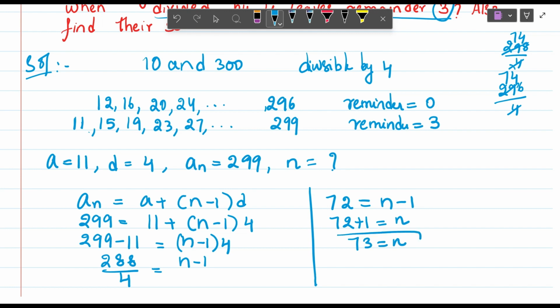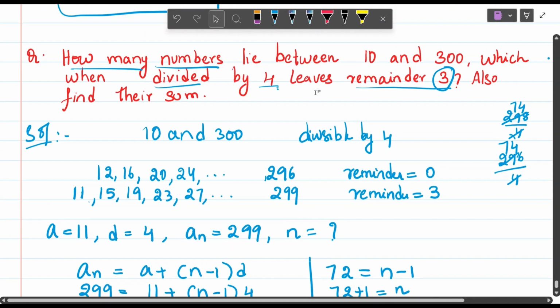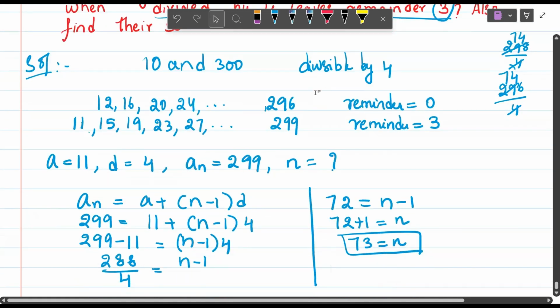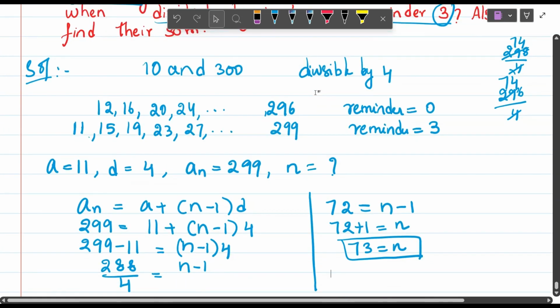Okay. So how many numbers are there between 10 and 300? Okay, 73 numbers are there. Okay. You have to write the steps.